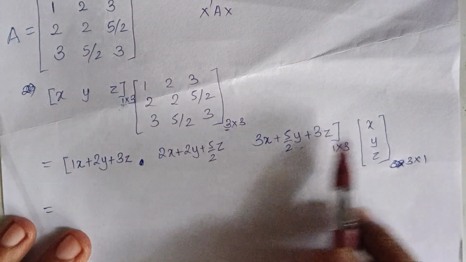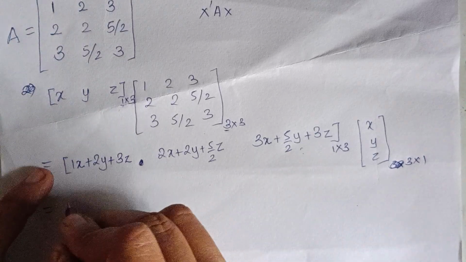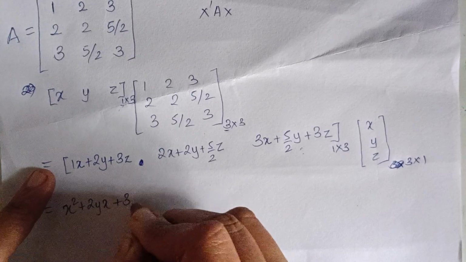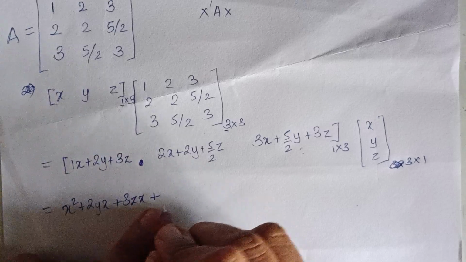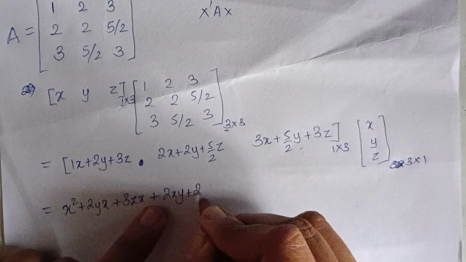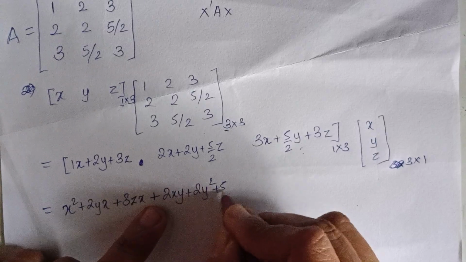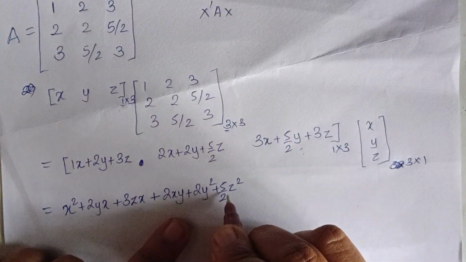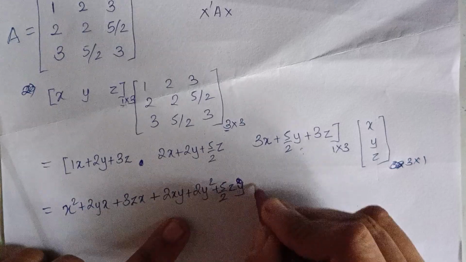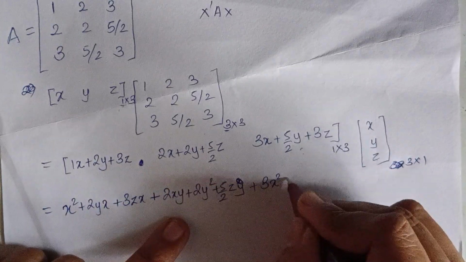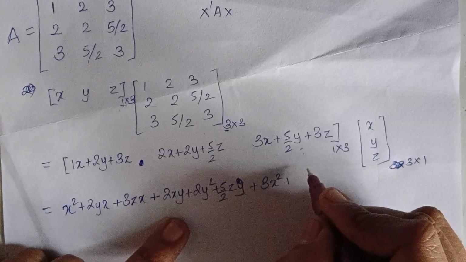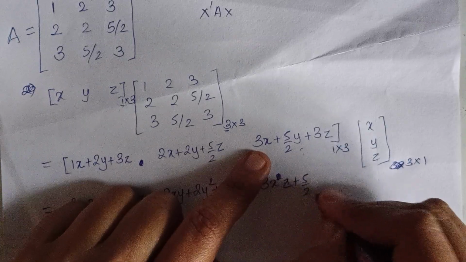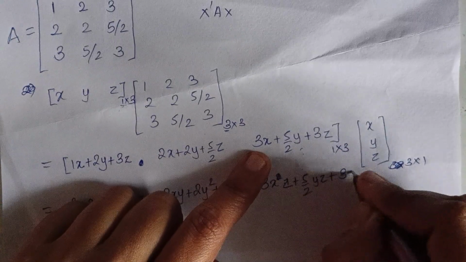So this is this into this here. Multiply by x. So 1x square plus 2yx plus 3zx plus 2xy plus 2y square plus 5 by 2 zy plus 3xz plus 5 by 2 yz plus 3z square.